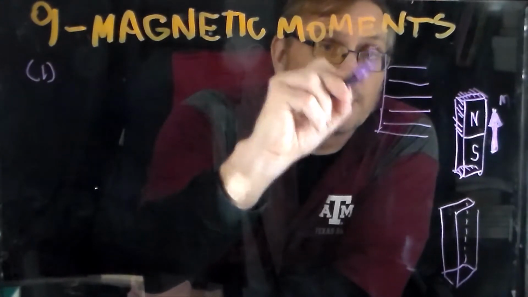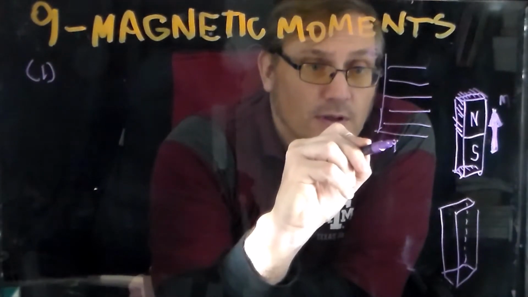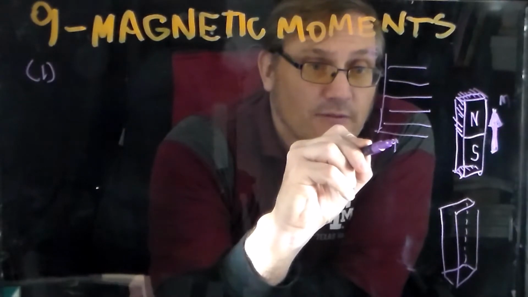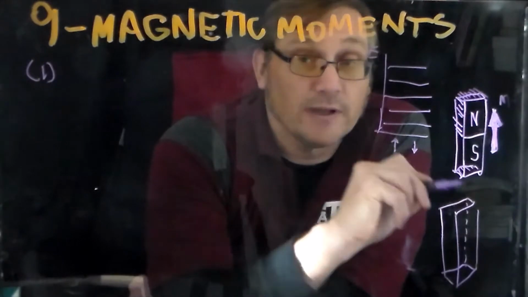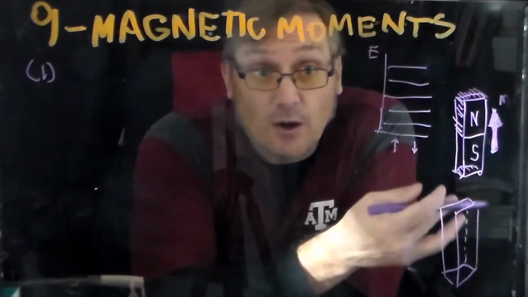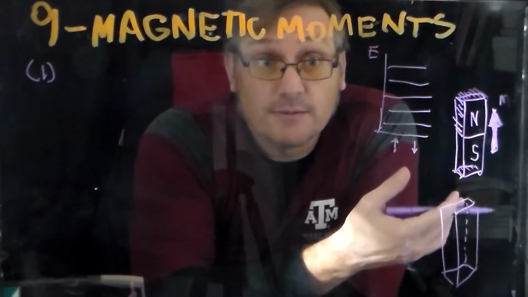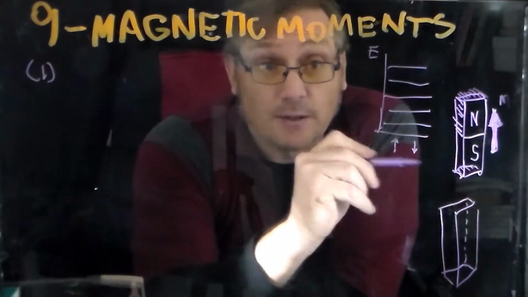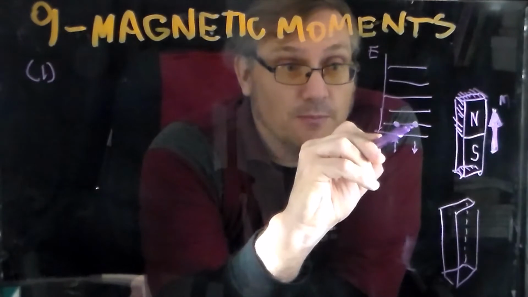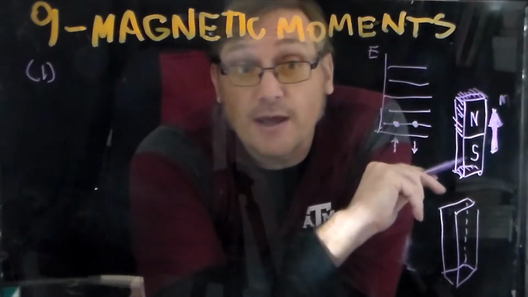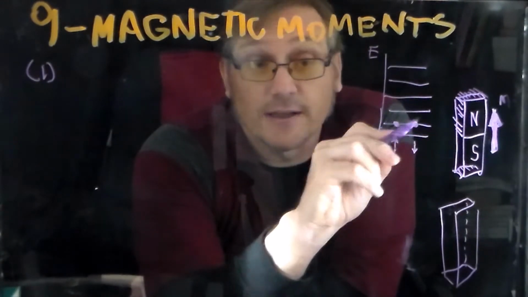So you have your energy up here, then you have your electrons that have a magnetic moment going upwards, and electrons with a magnetic moment going downwards. This is how we populate the atom, right? We first say, okay, well, we go to the lowest energy level and we put an up electron in there, and then we put a down electron in there.